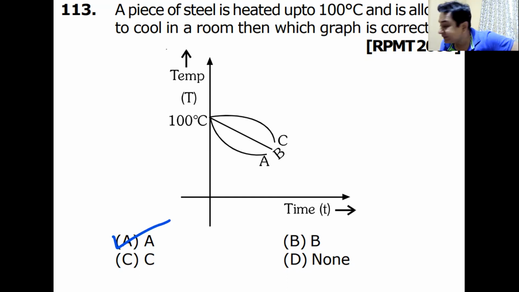Okay, so see, questions that are going to come in the examination hall are going to be pretty simple, and we are done with all the questions that were possible. I think we are done.